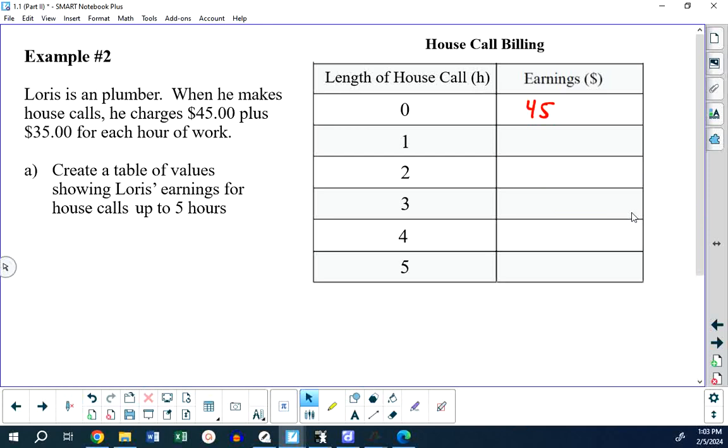Now, just like Daniel pointed out with the money that the magician was getting, this is going up by 1 hour each time. So since it goes up by 1 hour each time, and he gets paid an additional $35, you need to complete the table by adding 35 and adding 35. And I'll give you a minute to do so, please.